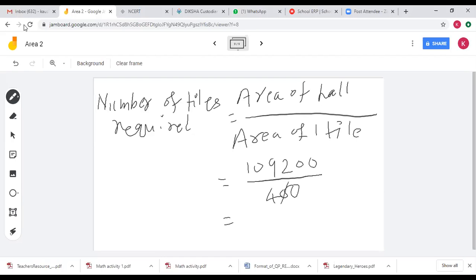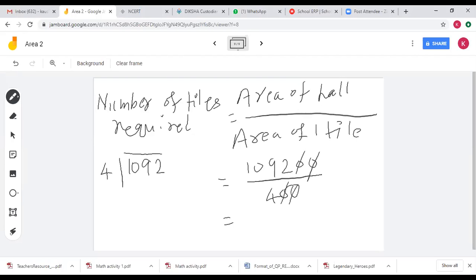0 0 cancel, 0 0 cancel. So we have got 1092 divided by 4. I am doing rough work on the left because I have space here. In your notebook, you have to do the rough work on your right side.